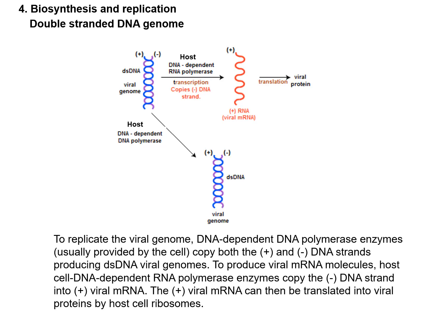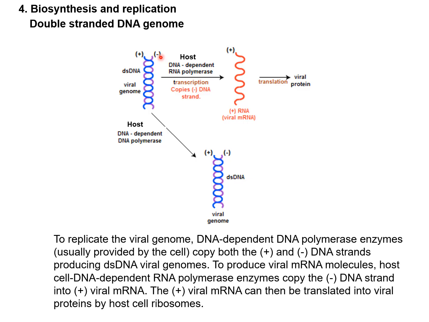So let's start with the replication of a double-stranded DNA genome. When we talked about the classification of viruses, we went over the Baltimore classification, which classifies viruses based on their genomic material and how they replicate. And we'll just follow that very same sequence here. So starting with class 1 of the Baltimore classification system, the double-stranded DNA viruses. These viruses have a positive sense strand and a negative sense strand.